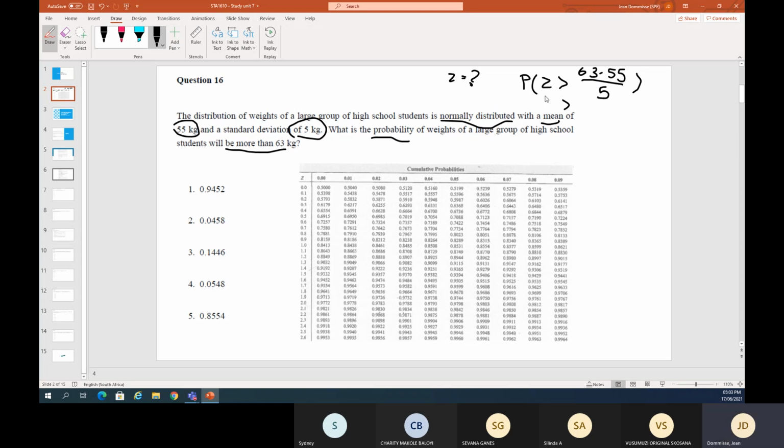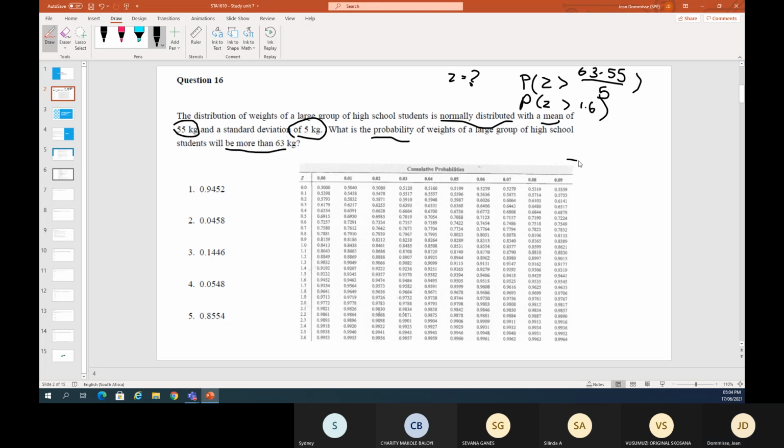So what's the probability that Z is bigger than 63 minus 55 is 8, 8 divided by 5 is 1.6. So what is the probability that Z is bigger than 1.6?